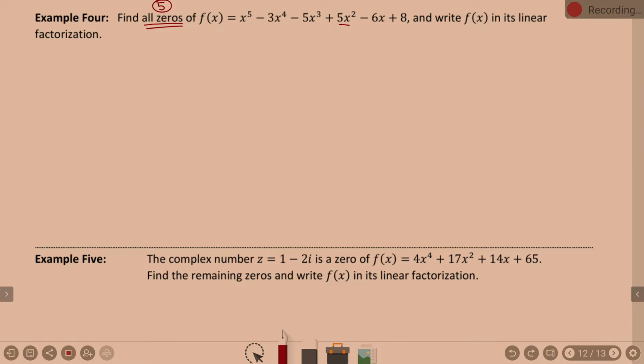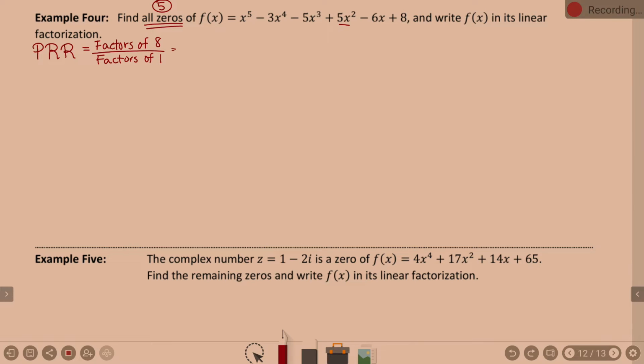We're going to start by looking for our PRRs. Remember finding PRRs? How do we find PRRs? This sounds familiar then: factors of 8 over factors of 1.